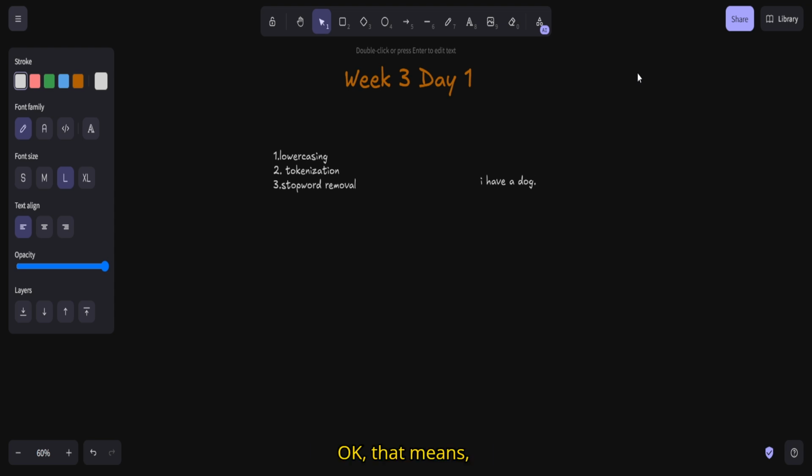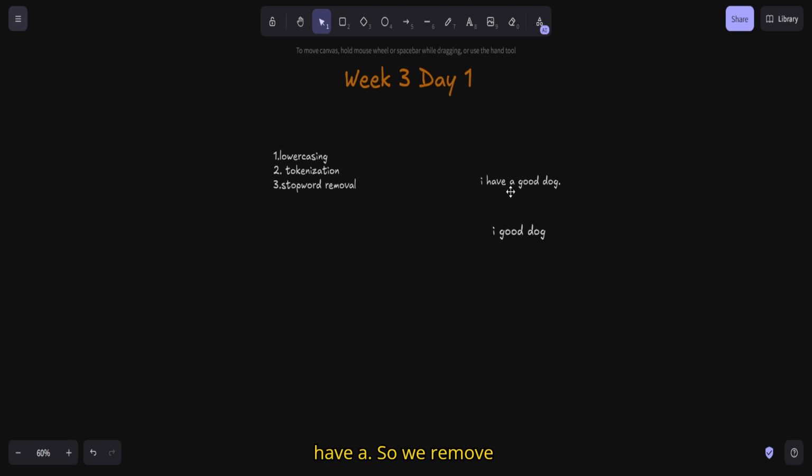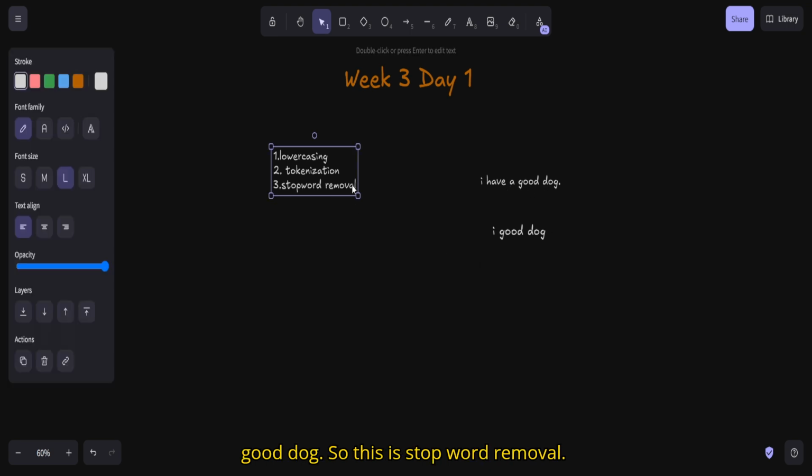Out of this, the words I, good, and dog have a lot more significance than have and a. So we remove the unnecessary words like have and a. These are called stop words, words that do not bring much context into the whole sentence. So we are left with I, good, dog. This is stop word removal.